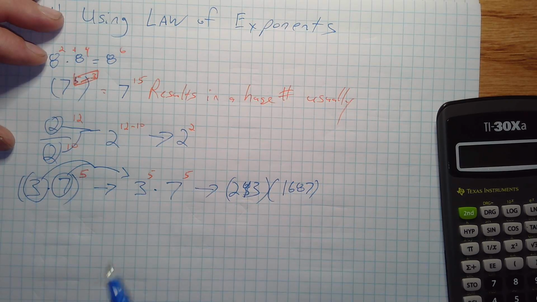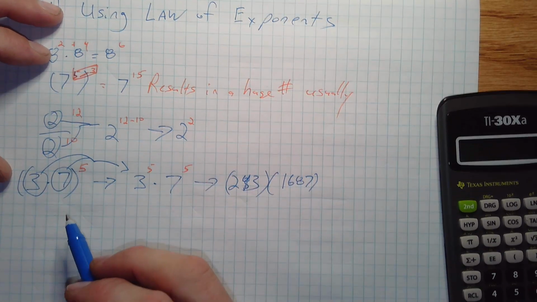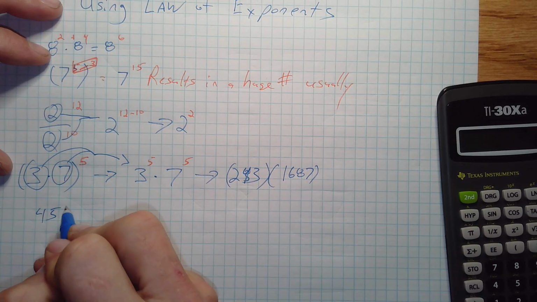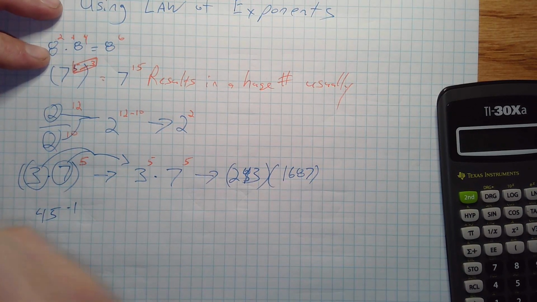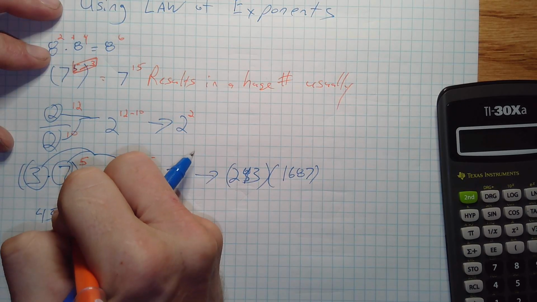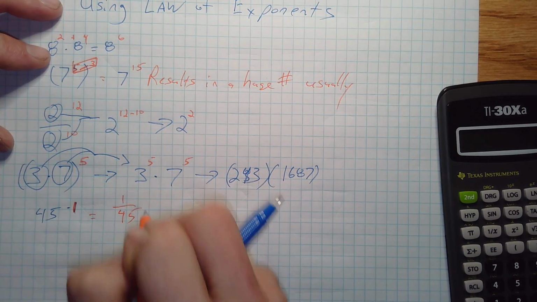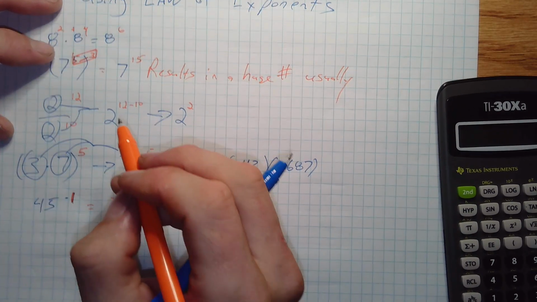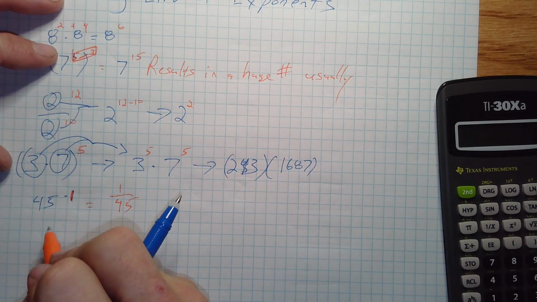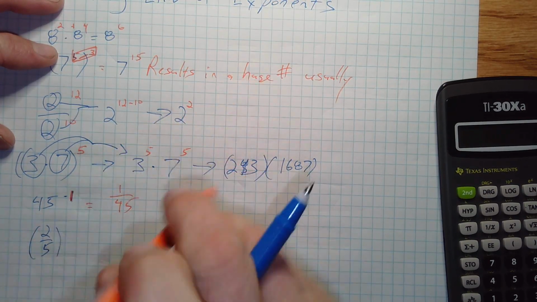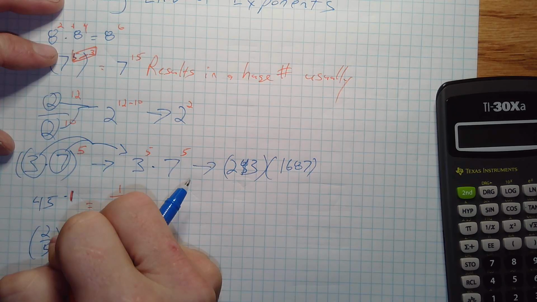Okay. All right, so here we go. Let's do a 45 to the negative 1st, right? This is just going to turn into 1 over 45. How about 2 fifths to the negative 2?